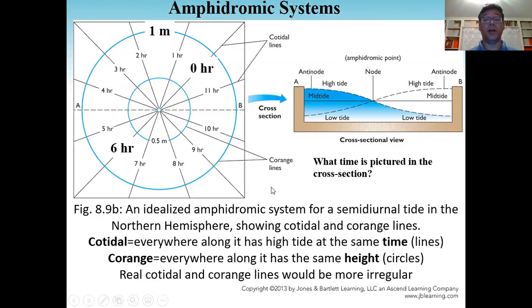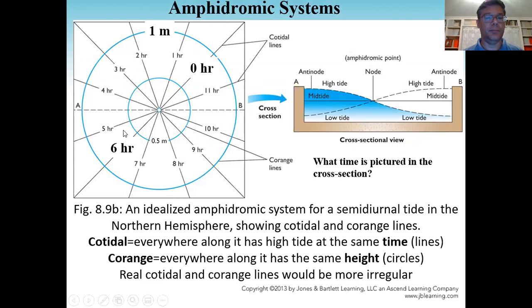We can draw a diagram to represent these rotating waves. And this is for an idealized ocean. Of course, real oceans are not perfectly square or circular, so they're going to be more irregular in the pattern. But this gives an idea of how we can think about the tide pattern.